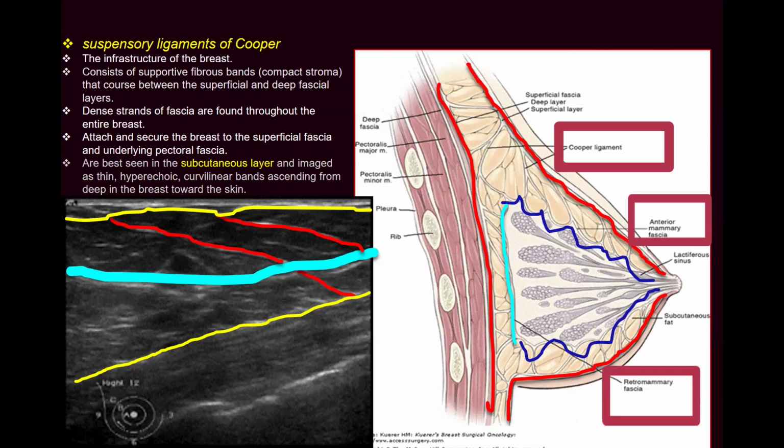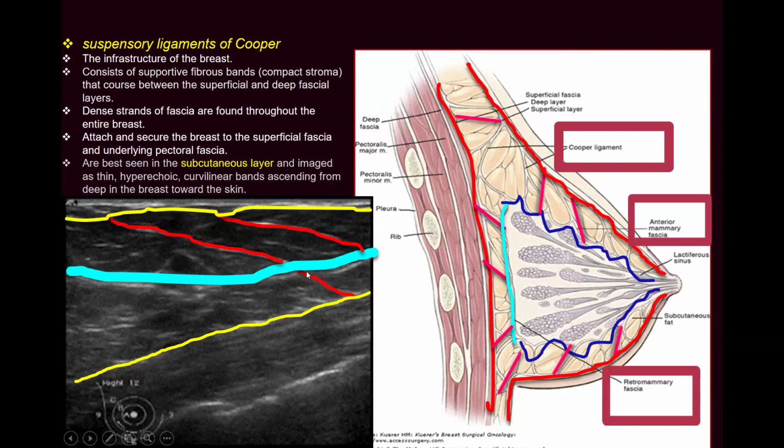You can see it here. These are the Cooper ligaments, radially oriented, and they are best seen in the subcutaneous layer. You see, we can see it here.